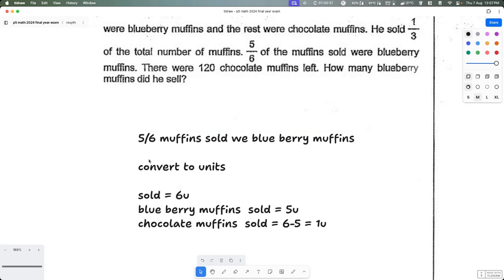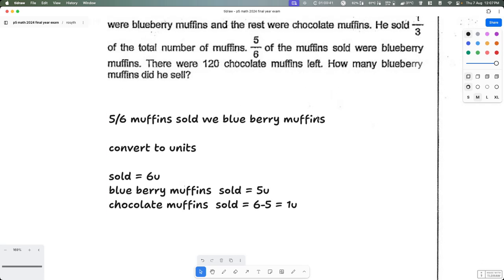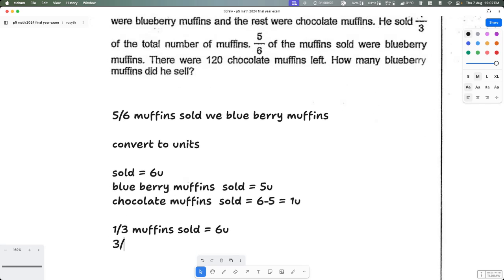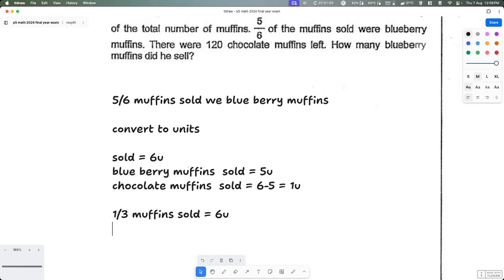Okay, sold 6 units. So he said 1/3 of the total number of muffins he sold. So 1/3 muffins sold is equal to 6 units. So 1/3 is 6 units. So sold is equal to one third of total muffins.